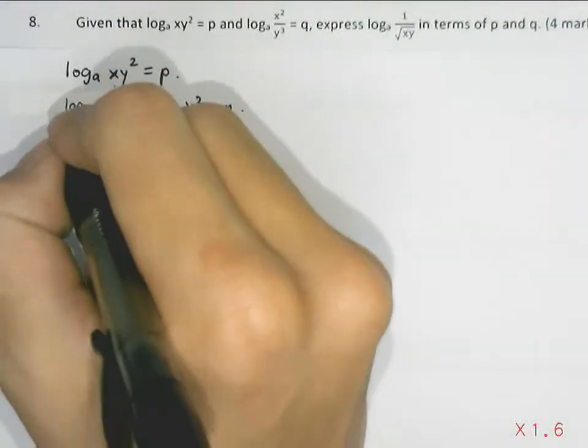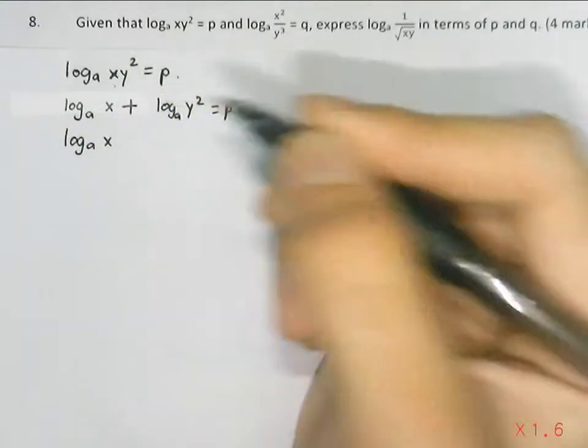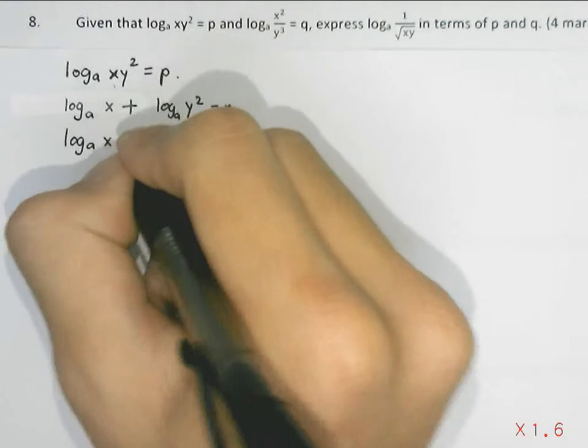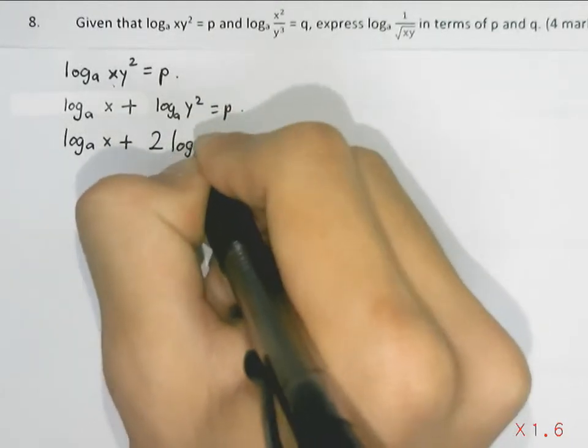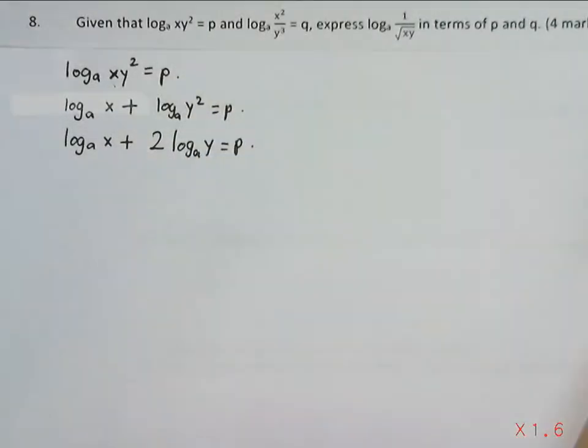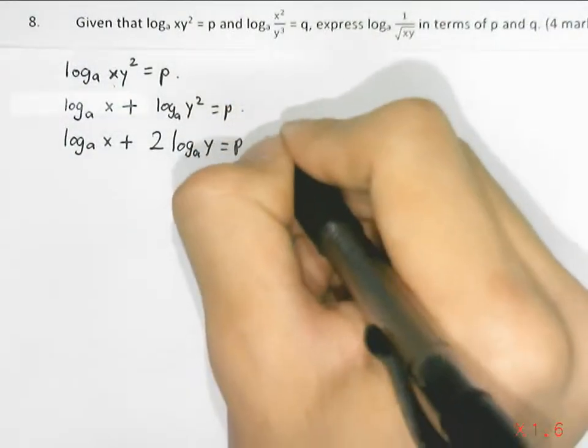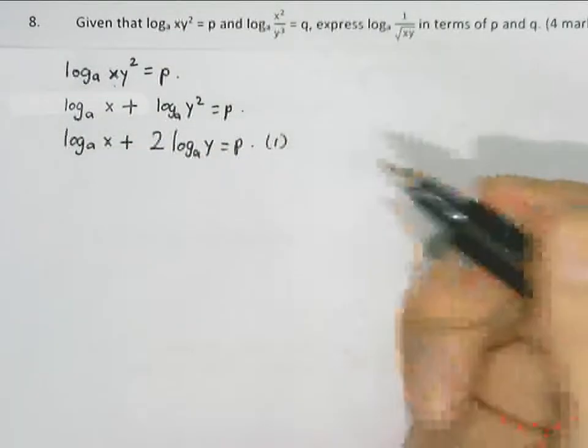Simplifying, the power 2, just bring down in front to multiply. So plus 2 log y base a equals to p. Now that will be the first equation.